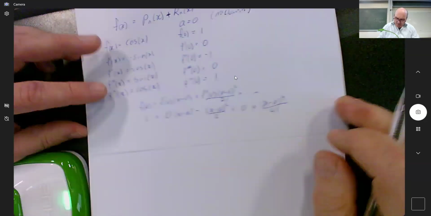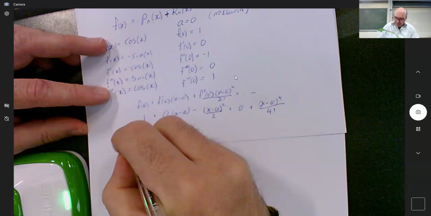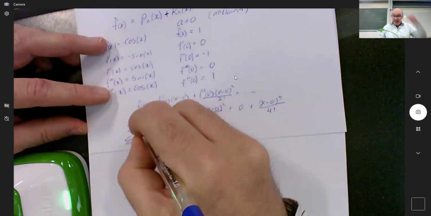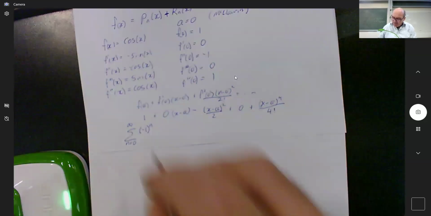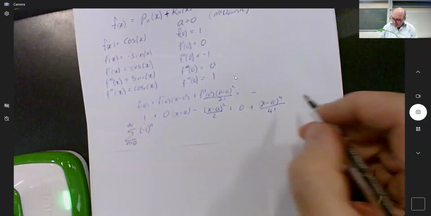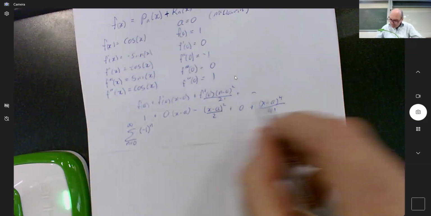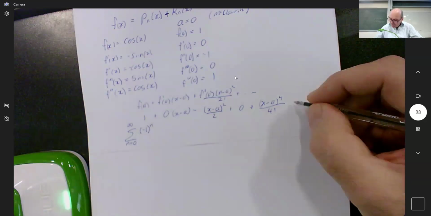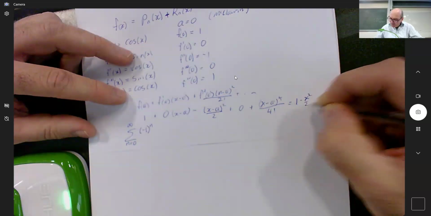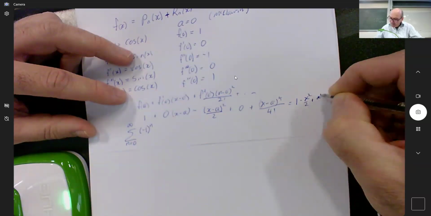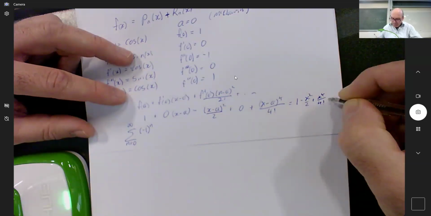I'm going to go n is equal to 0 to infinity, with a minus 1 to the n in there. a is equal to 0, so x squared. This actually simplifies really nicely to 1 minus x squared on 2 plus x to the 4 on 4 factorial, and then minus x to the 6 on 6 factorial.